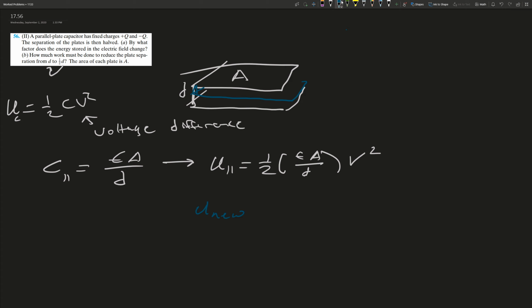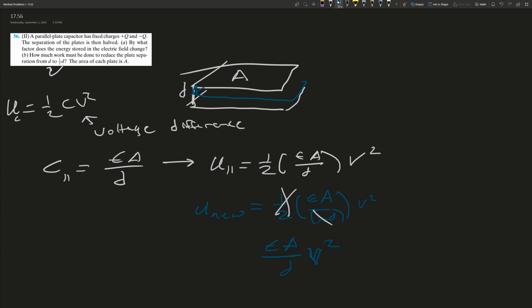Now that we've established that, what happens if we substitute 1/2 D in for D? Well, we have that factor of 1/2 out front, and we put in a factor of 1/2 in the denominator. Those 1/2s are going to cancel, and we're just going to be left with epsilon times the area divided by D times the voltage squared.